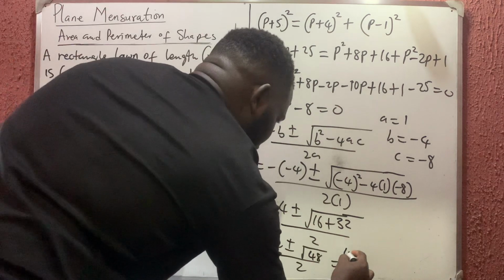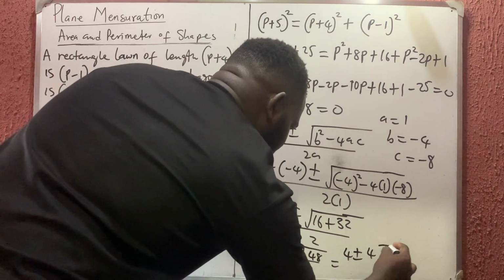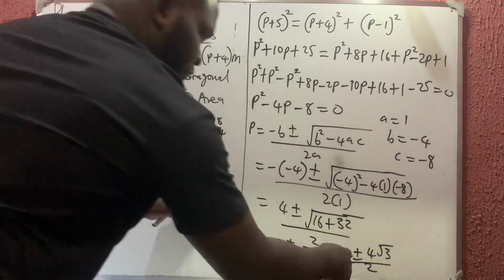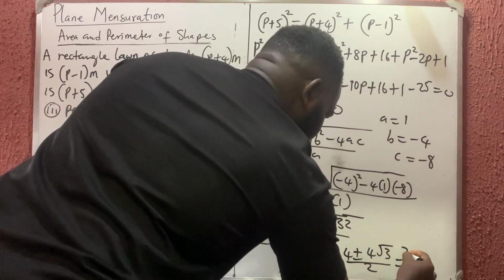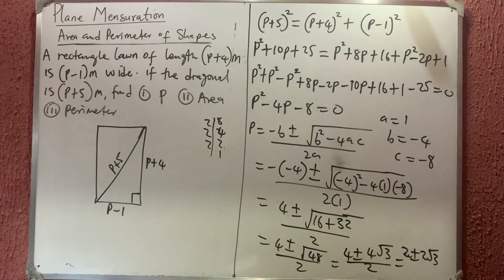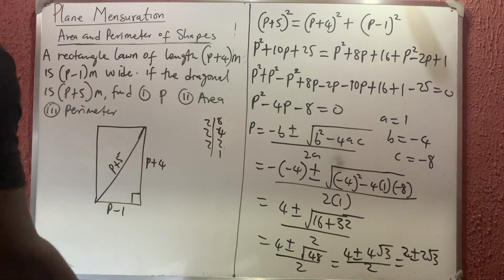So this is 4 plus or minus 4 root 3 over 2. If 2 cancels out, I'm going to have 2 plus or minus 2 root 3. So that is the answer. So p is equal to 2 plus 2 root 3 or 2 minus 2 root 3. You can actually give your answer in decimals if you wish. So that is that for that particular question.